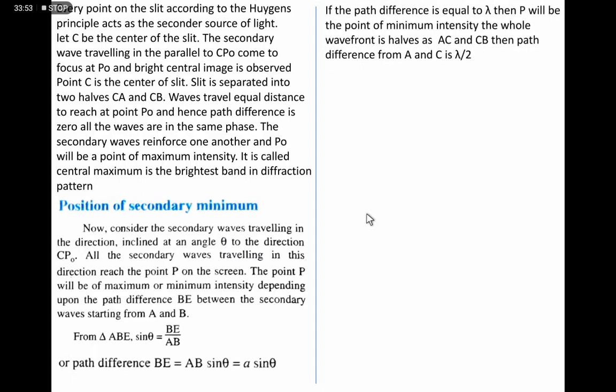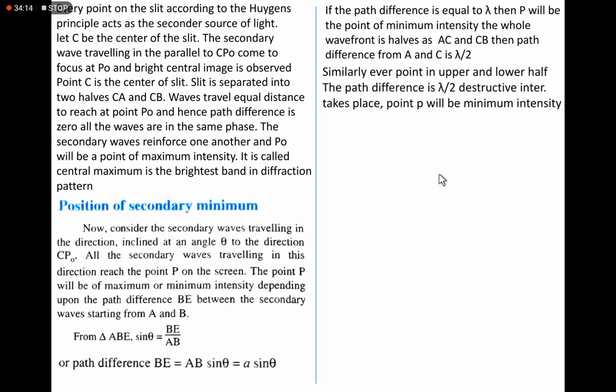If the path difference is equal to lambda, P will be a point of minimum intensity. Now the slit is separated into two different parts, AC and CB. C is the center of the slit.